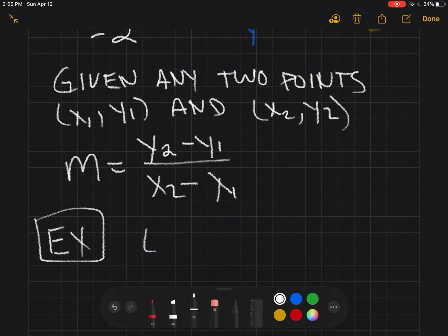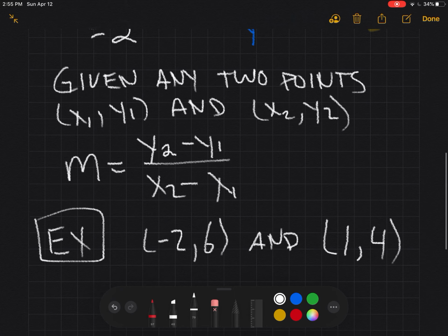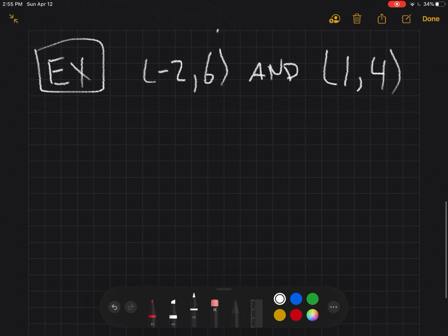So let's go ahead and calculate a slope. And we're going to do it between these 2 points. So we're going to calculate the slope between the point -2, 6 and 1, 4.